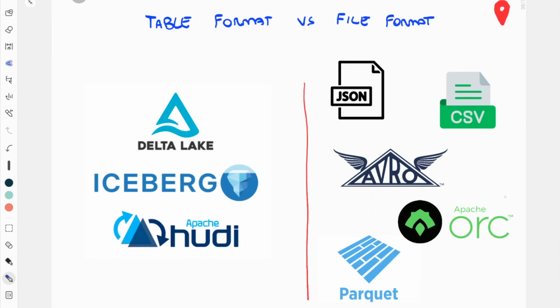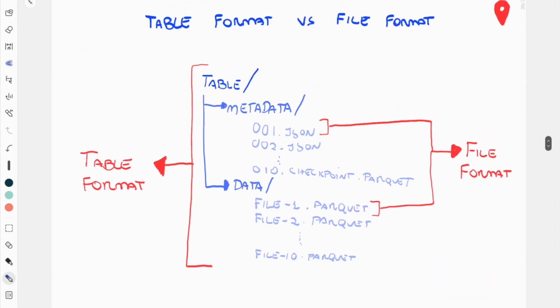So you have a bunch of different files, and the table formats each have their own specifications, but they are all ACID compliant.